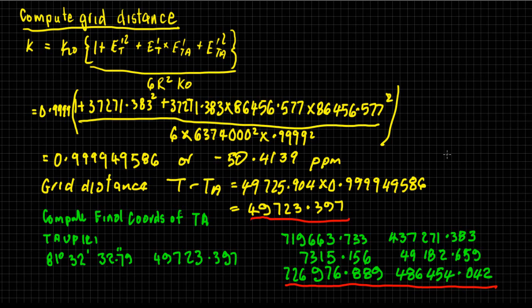Now if you were to do this on another projection, say for instance New Zealand Map Grid, you would have to go right back to the start and recalculate the bearing and distance between the two transformed coordinates. You couldn't use this bearing and distance, it would be different.